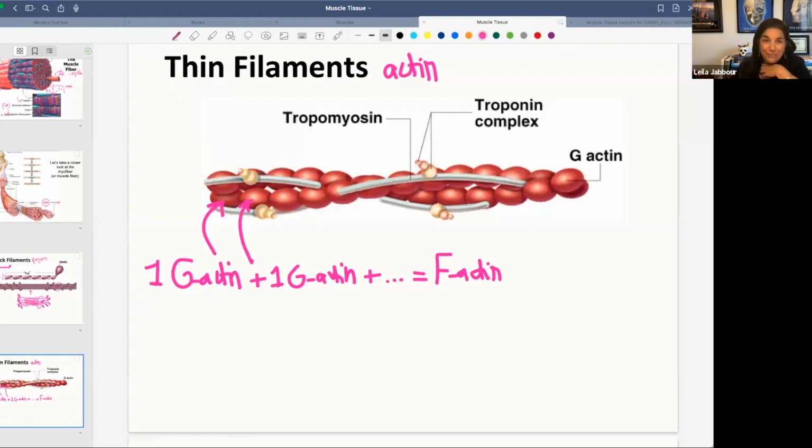The thin filament is actually made of two of these strands. So F actin is basically one polypeptide. And you need two polypeptides to form a thin filament.